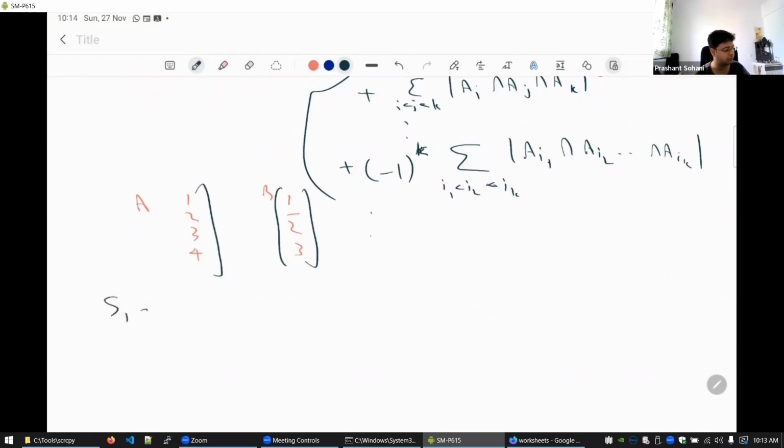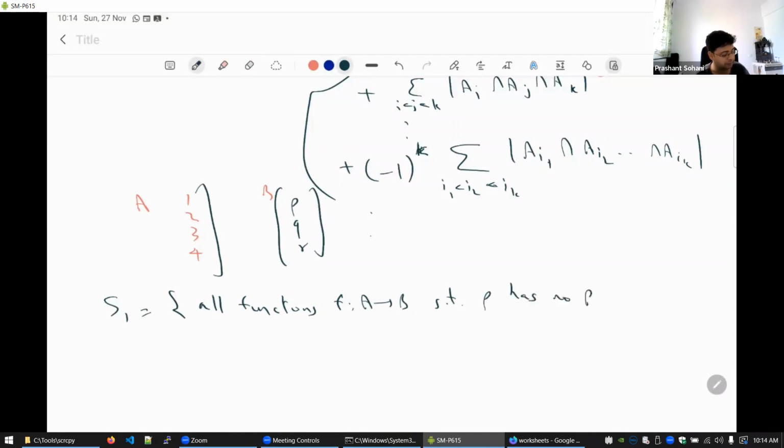Let S1 be the set of all functions such that, and let me use P, Q, R, not A, B, C, because small a, capital A, confusion I don't want, such that P has no pre-image.